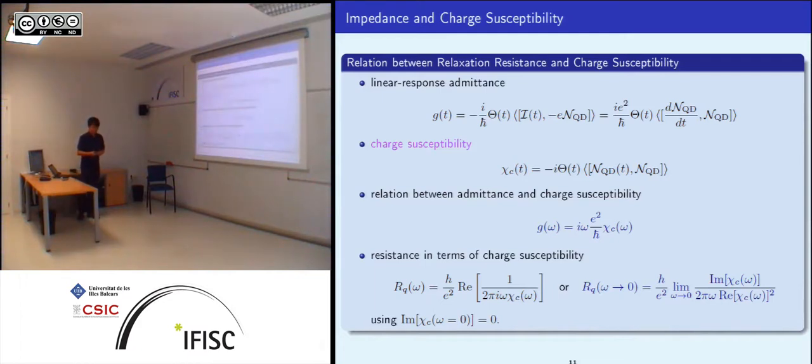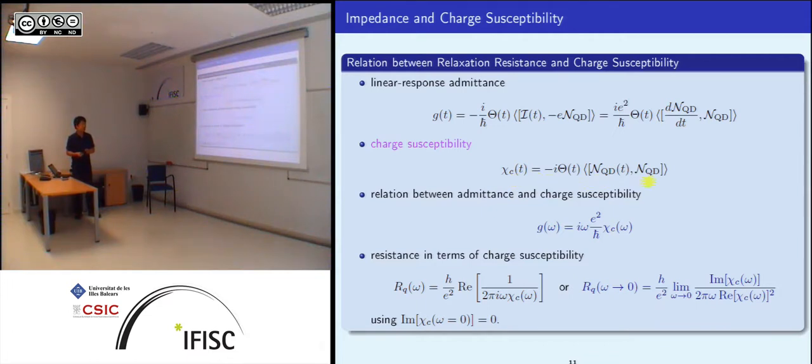This universal value can be related to the Fermi liquid picture of the system. The admittance, which is a function between current and charge, can be related to the charge susceptibility through this simple formula.